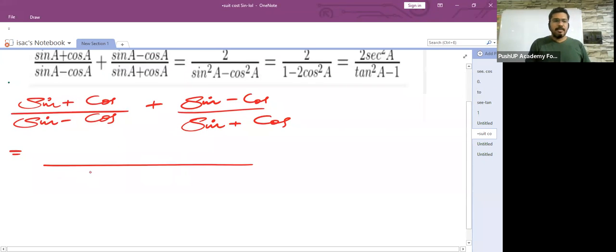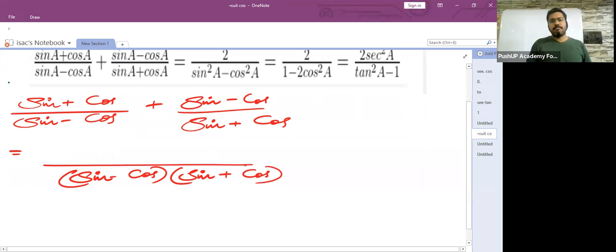So the LCM here is sine minus cos into sine plus cos. Take the LCM divided by the first denominator. So sine minus cos will get eliminated. What is left? Sine plus cos is left.